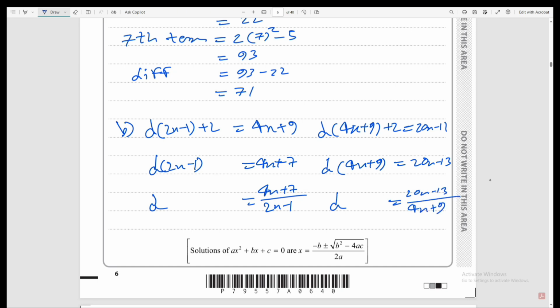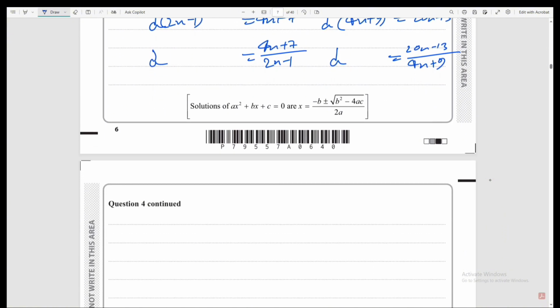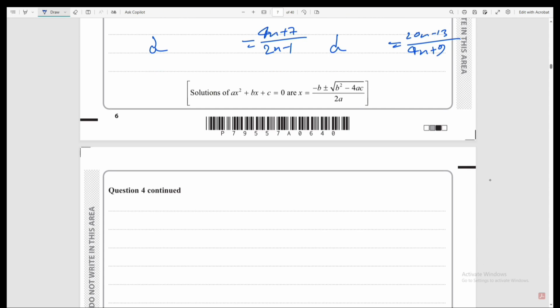So we get two equations of d: 4x plus 7 by 2x minus 1, and 20x minus 13 divided by 4x plus 9. Now, if we equate one d to the other, we get 4x plus 7 divided by 2x minus 1 equals 20x minus 13 divided by 4x plus 9.